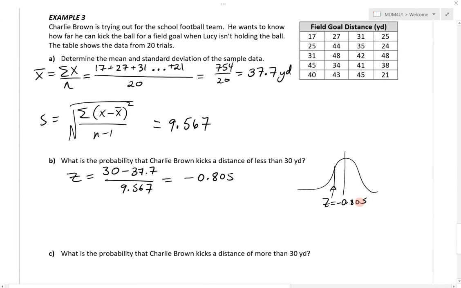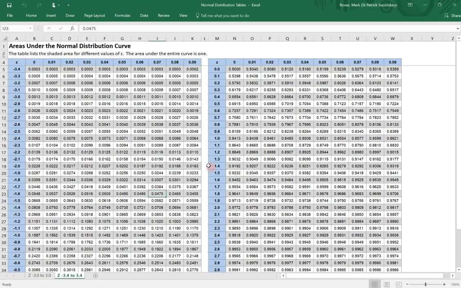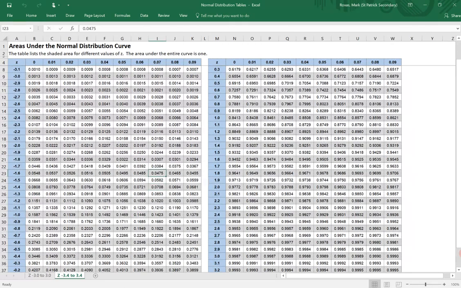And so the probability that the z-score is less than negative 0.805, or you could say the probability that Charlie Brown's trial is less than a distance of 30 yards, is equal to, if I go to my z-score table, negative 0.8.